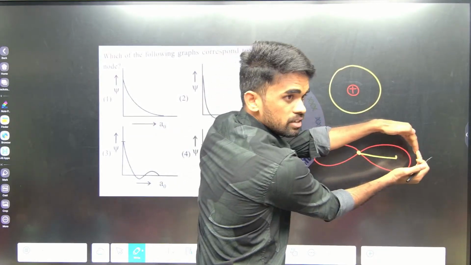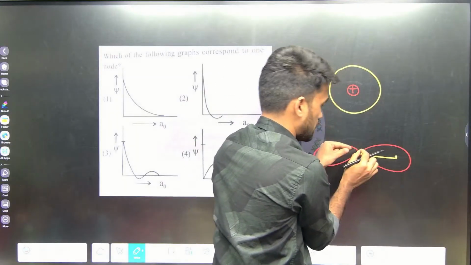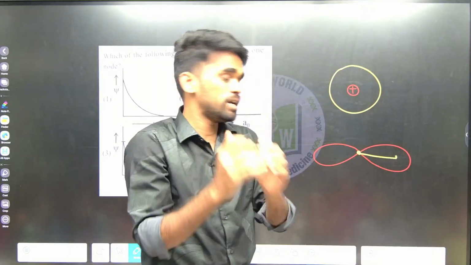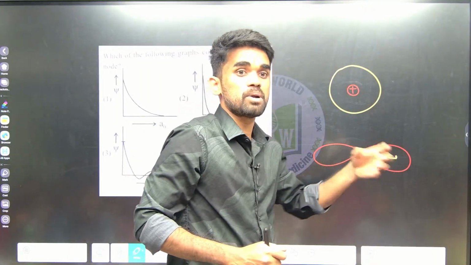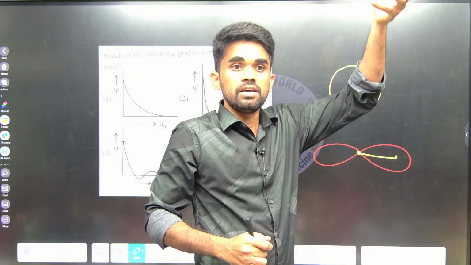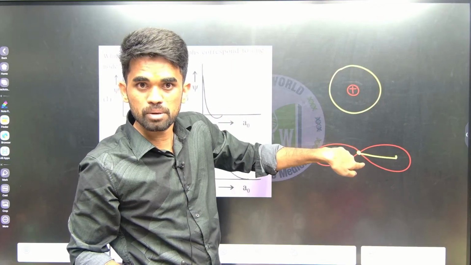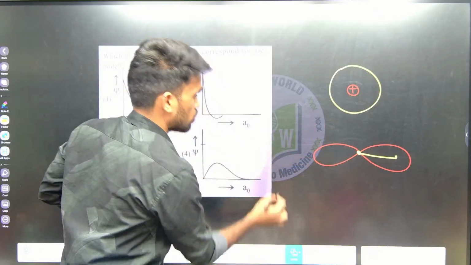It means as I move away from the nucleus, probability of finding the electron is increasing. But at the nucleus, 0, like minimum. Yes or no?